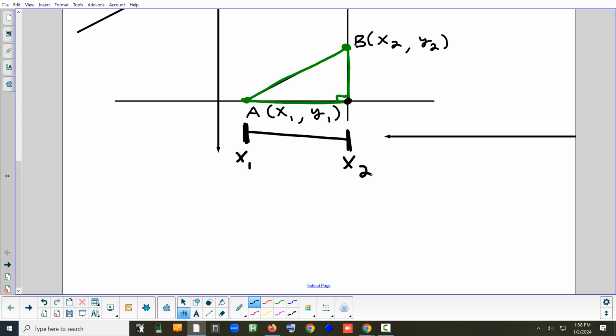If you want to find the distance between x1 and x2, let's say you started at 2 and stopped at 10, how would you find the distance? Subtracting x1 from x2. Yes, you subtract them. So the distance on that side of the triangle is x2 minus x1.